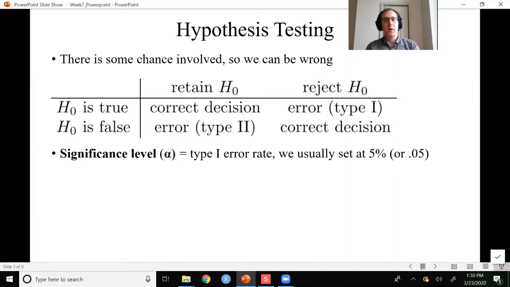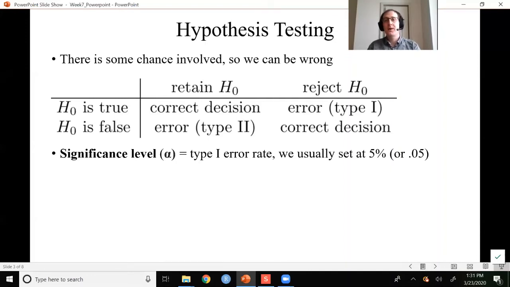So we decide how improbable, based on the null hypothesis, the results would have to be for us to say, okay, we think there is really a difference going on here. And so we use a cutoff point referred to as a significance level. And the symbol for that statistically is the alpha level. And so this is the type 1 error rate for our study.